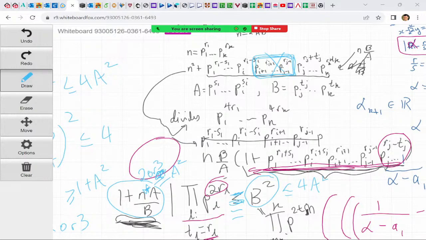So now we know the other. If it's on the left, if the 2 or the 3 comes from the a part, then it still forces the r's to equal the t's.